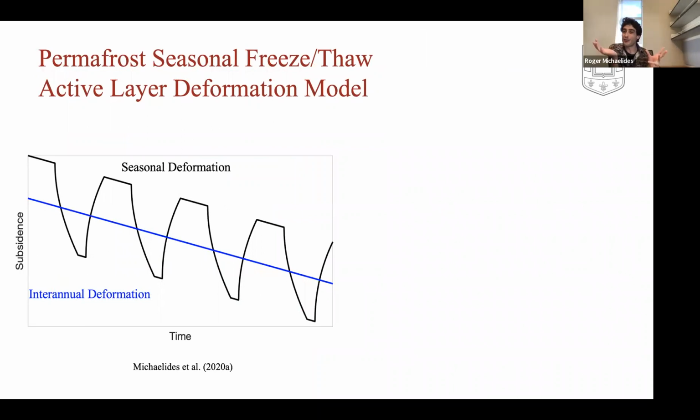So if you remember from, say, high school chemistry, one of the things that makes water so unique is that it's kind of counter to every other compound in terms of its density. As water freezes and goes from liquid to solid, its density actually decreases. That's why your ice cubes float, for example.